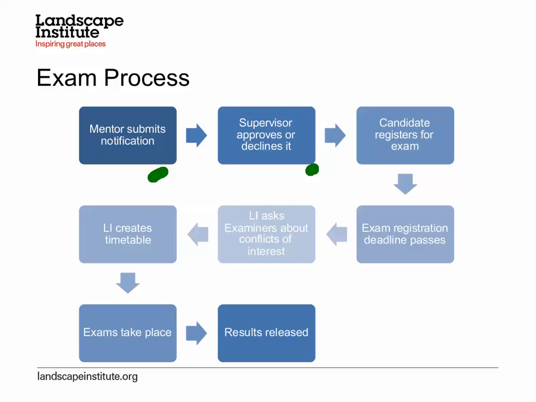Now, assuming it is approved, and this will be done within the usual supervisor feedback timescale, you then get an email and a link on your dashboard saying that you can now register for the exam. That will then take you through to a little form where it's very simple. You simply put in the dates that you prefer, and there's generally a choice between Manchester or London, and also whether you have any special requirements.